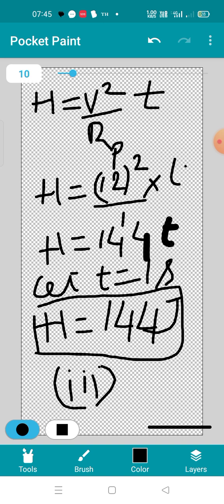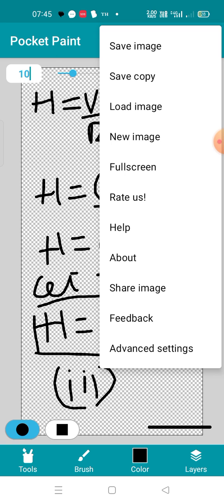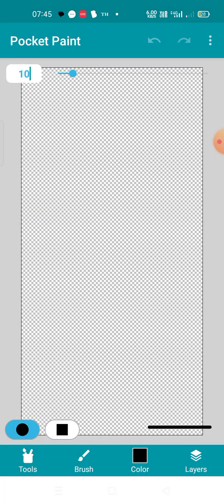Let's summarize this, and then we can choose the correct option among the 4 given options. The heat produced in case 1, where there was a single 2 ohm resistor, was 72 joules.